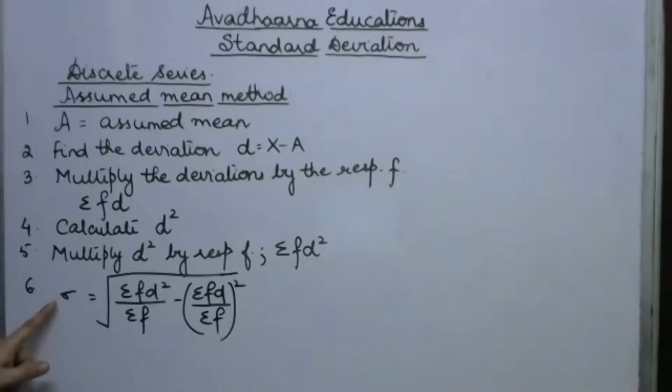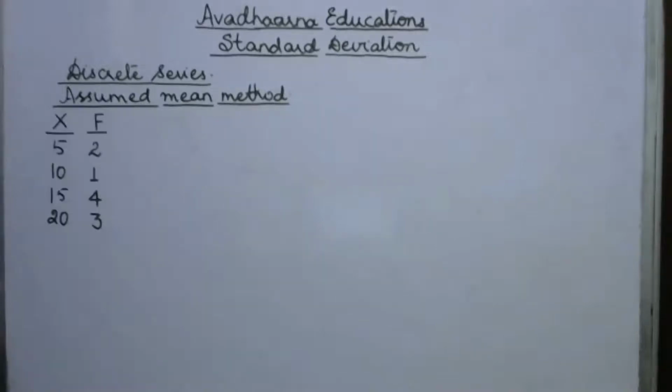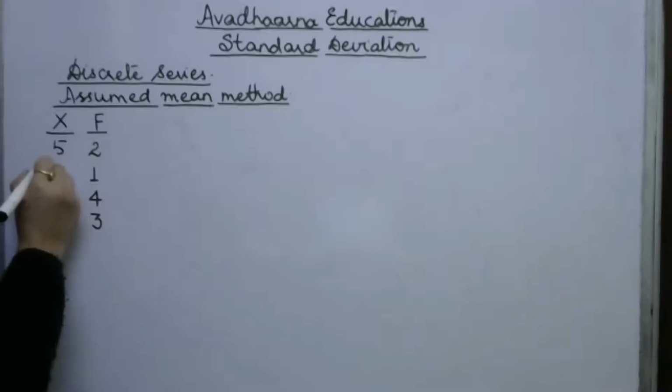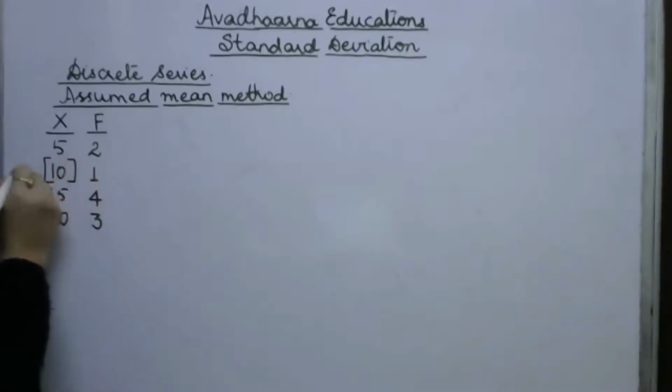Now let's understand it better with the help of an example. Let's take the same series in order to understand the assumed mean method of calculating standard deviation. Now the series is there in front of you. Let's take 10 as assumed mean.